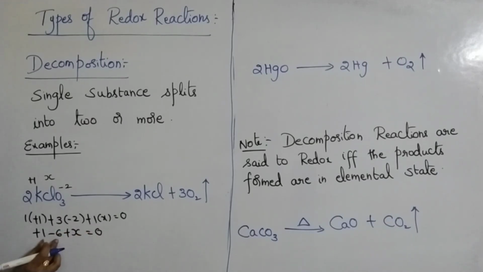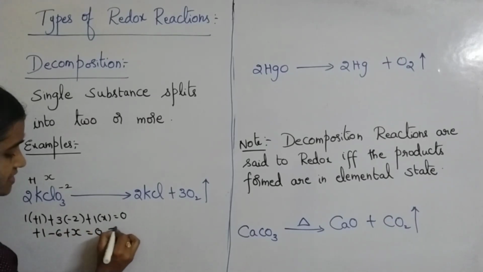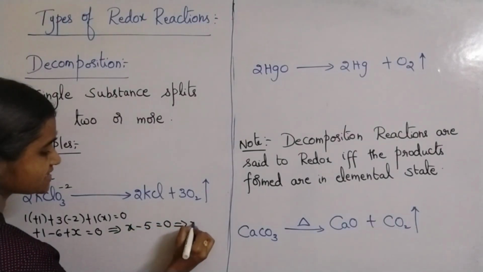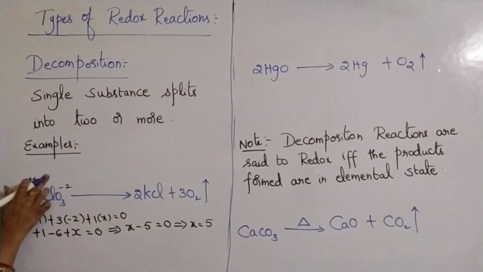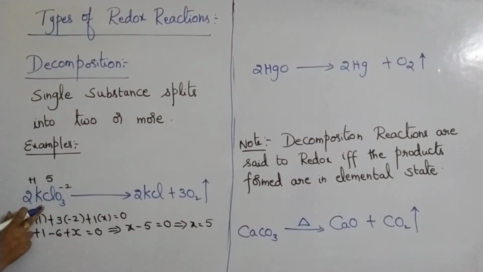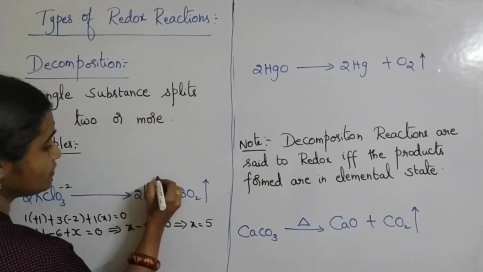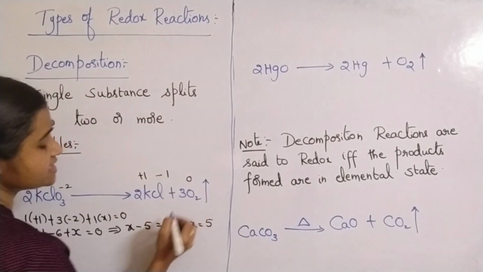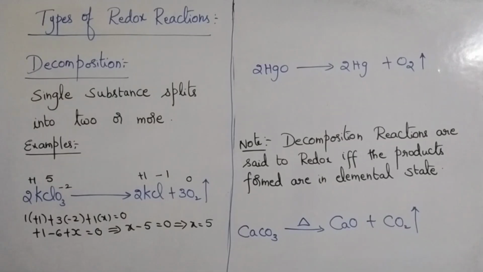So minus 6 plus 1, which is equal to what? X minus 5 is equal to 0. That means X is equal to 5. So the oxidation number of chlorine in KClO3 is plus 5. Now coming to the product side, minus 1, plus 1, and oxygen is in elemental state, so it is 0.